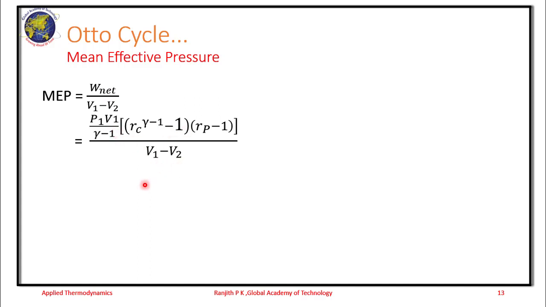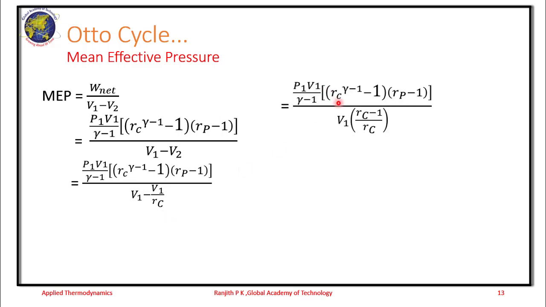The denominator is where we simplify. V1 minus V2 is written as V1 minus V1 by Rc. How is this? Because Rc is equal to V1 by V2. Then V1 into 1 minus 1 by Rc is written as Rc minus 1 by Rc.